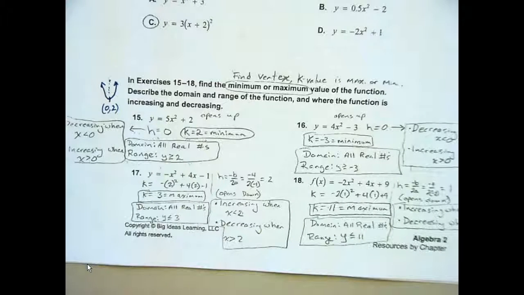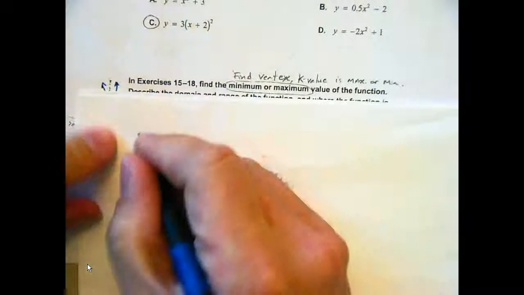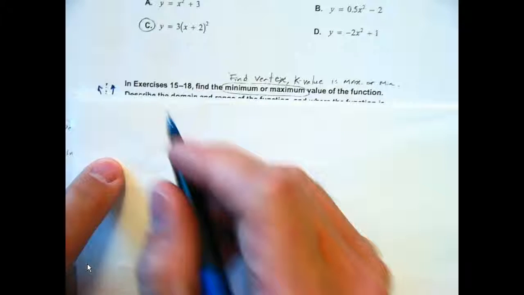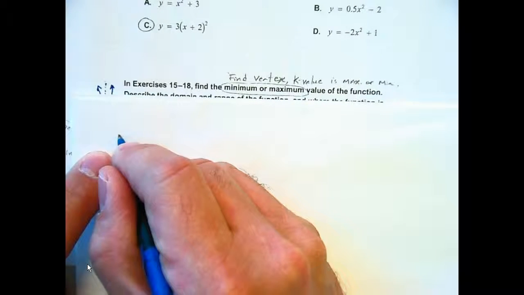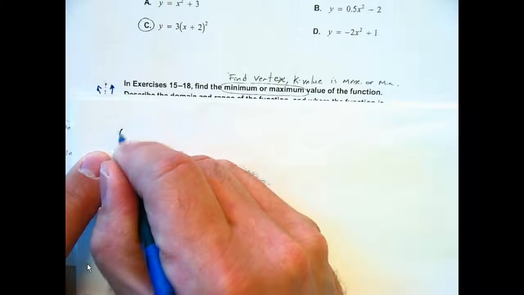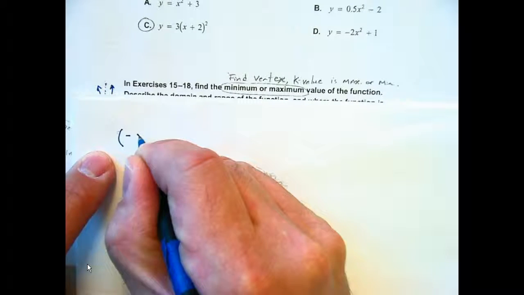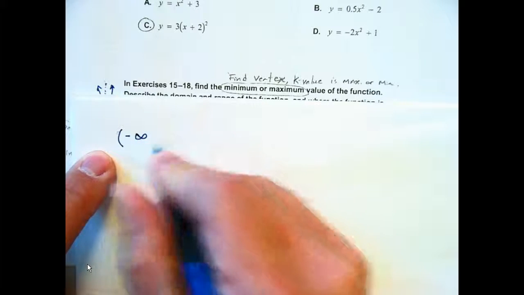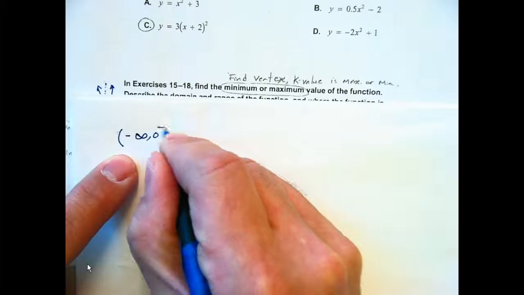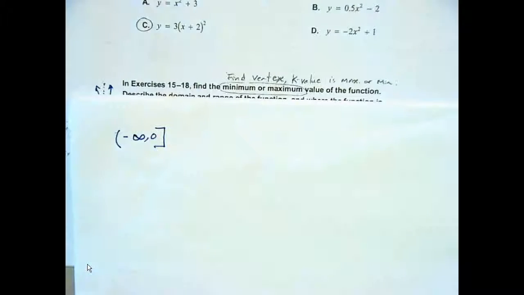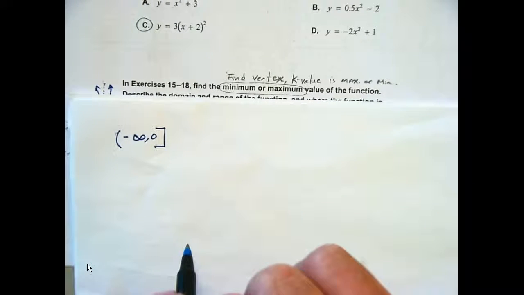Now, I'm not going to go into that math, but maybe I'll hit on it just real quick. Give me your whole statement. For decrease, I have parentheses, negative infinity, comma, 0, bracket. So you're saying negative infinity to 0, like that. Hey, this is math language here.